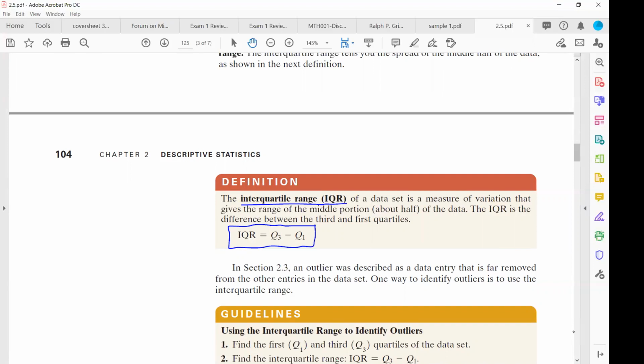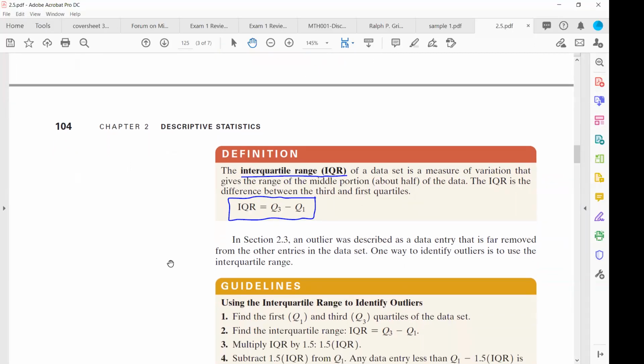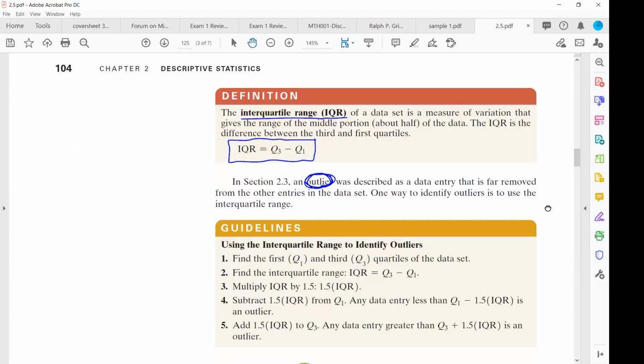Why do we need that? We usually use interquartile range to find outliers in our collection. How do we do that? We have to follow some guidelines.